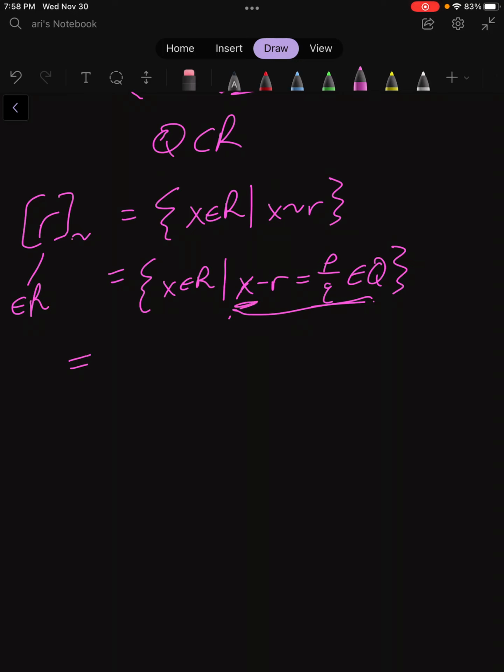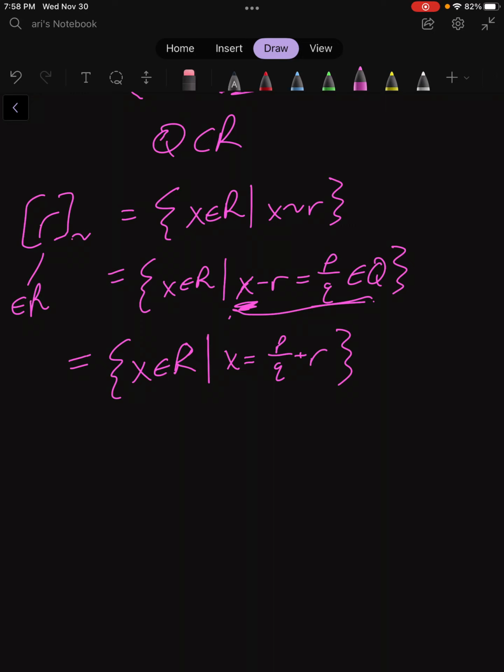And remember, we want this in terms of x, because we're talking about a set of x's. x in R given x equals p over q plus R. So this is our answer. And the condition is that p over q is rational. So if we just want some generic R, we have to be able to add a rational number to that R, and that's our set.